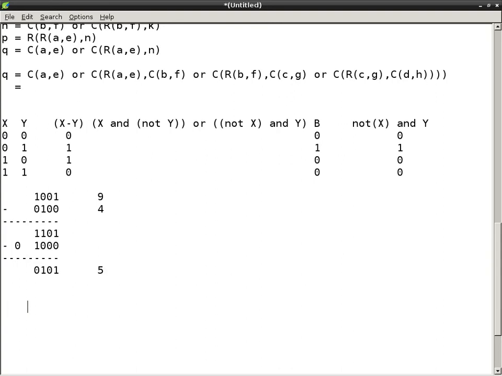Okay, so this time we're going to use something to subtract from a 0. And we'll just say, let's subtract 5 from 0 and see what happens.